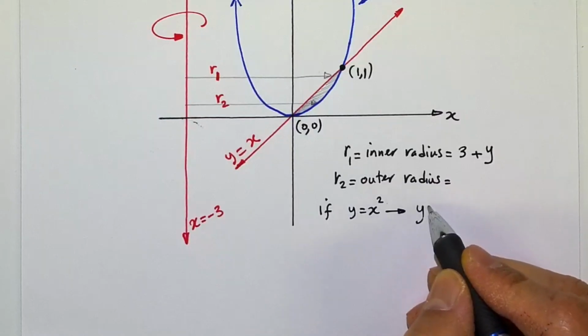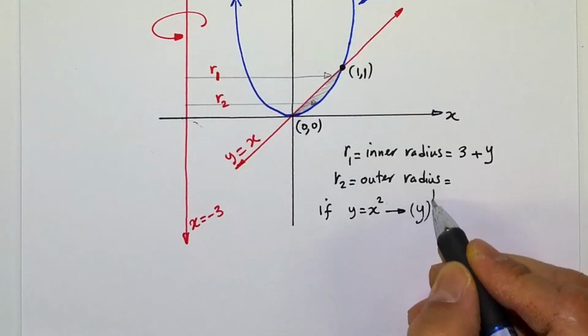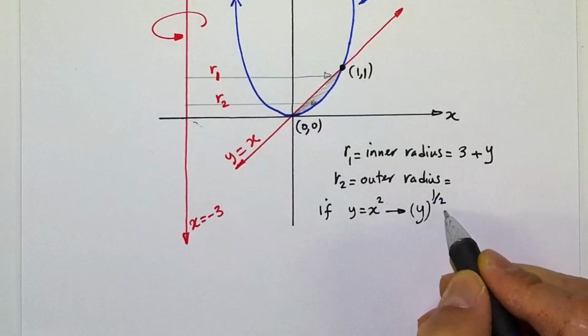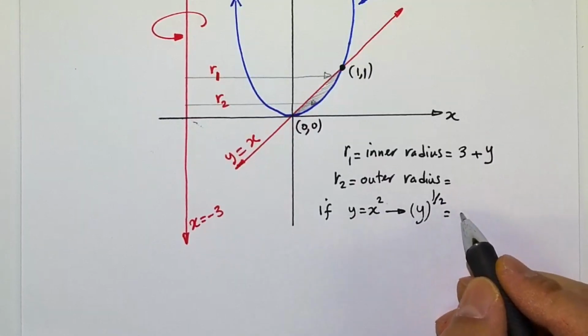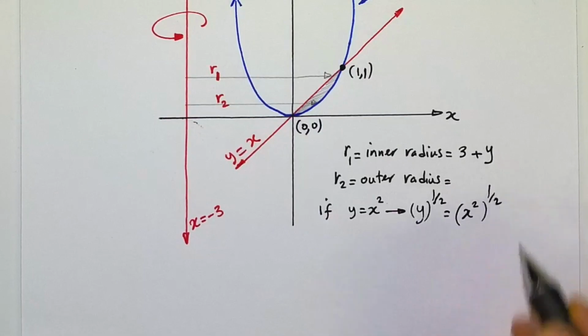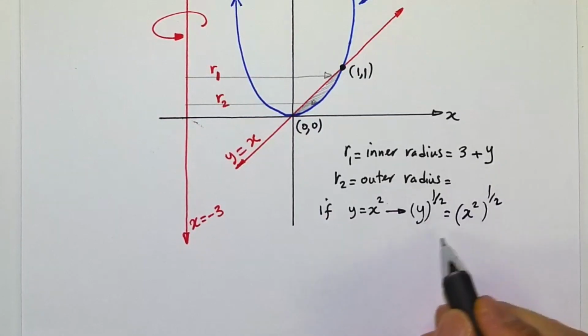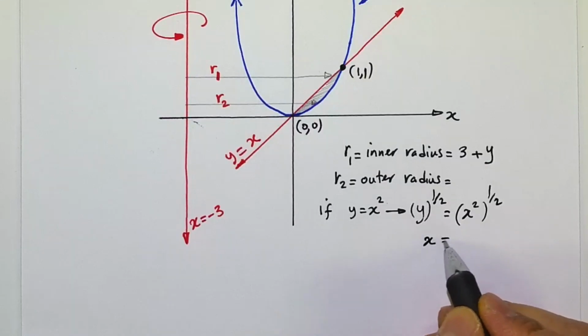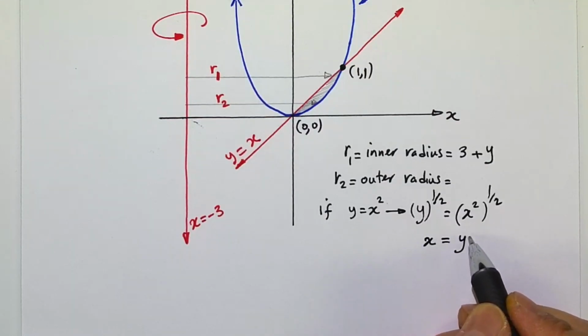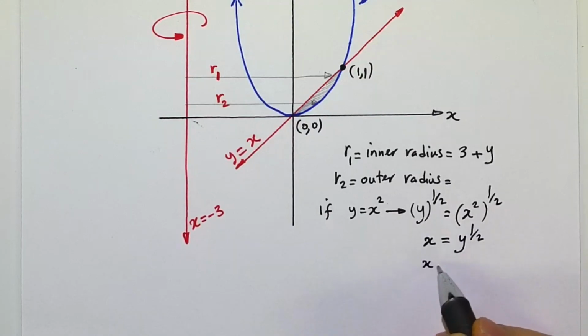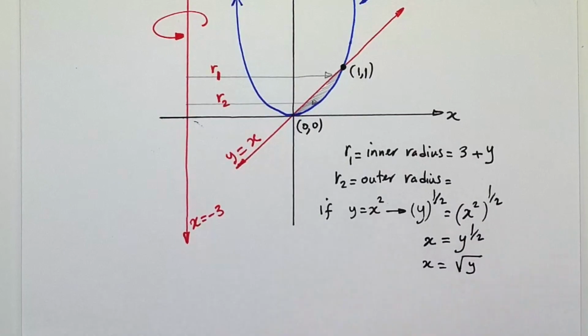So y raised to the 1/2 power, which is the same as taking the square root, and x squared to the 1/2 power. We end up with x on the left: x is equal to y to the 1/2 power, or x equals the square root of y.